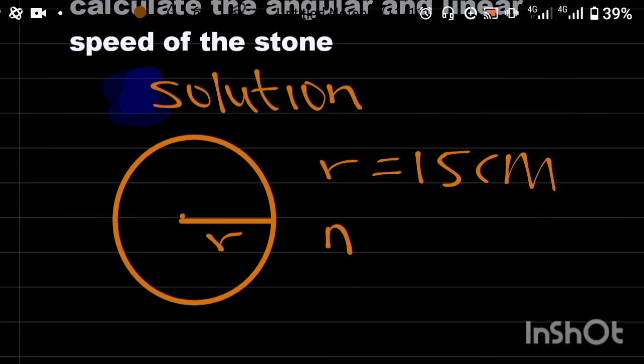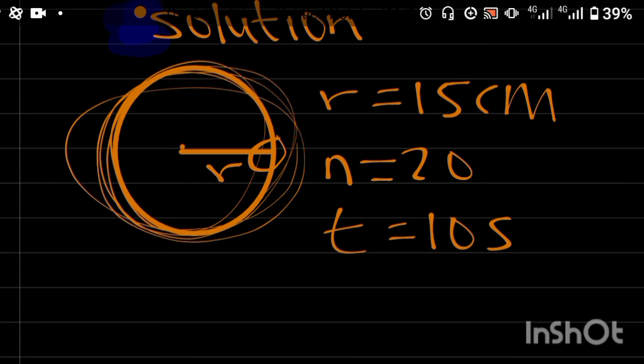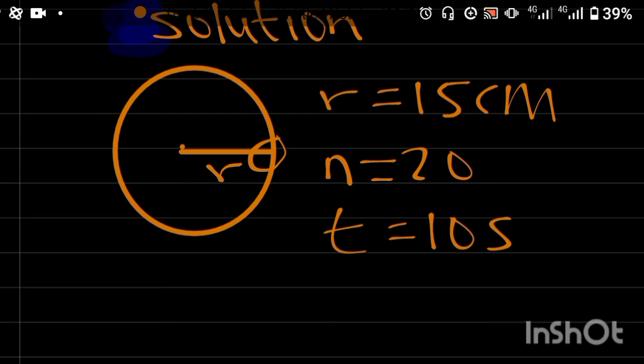The number of oscillations is equal to 20 oscillations. Time is equal to 10 seconds. When we say 20 oscillations, it means the object goes round 20 times. That's what we mean by 20 completed oscillations.